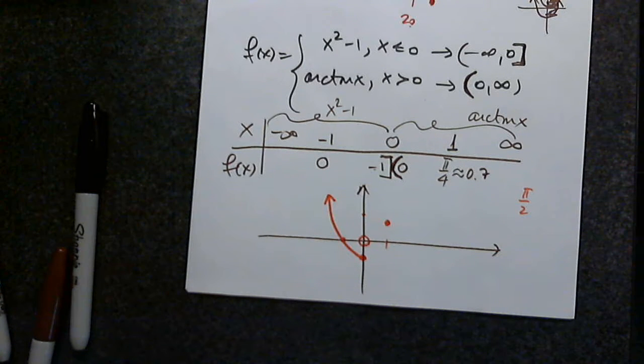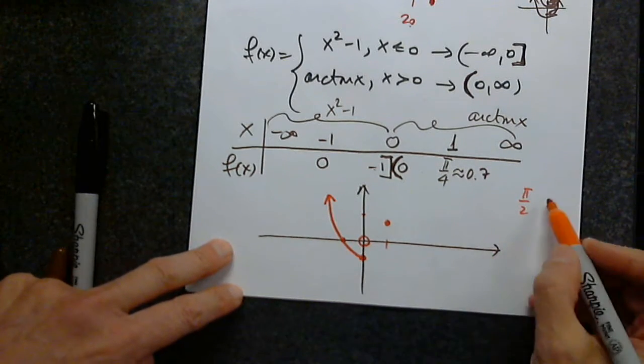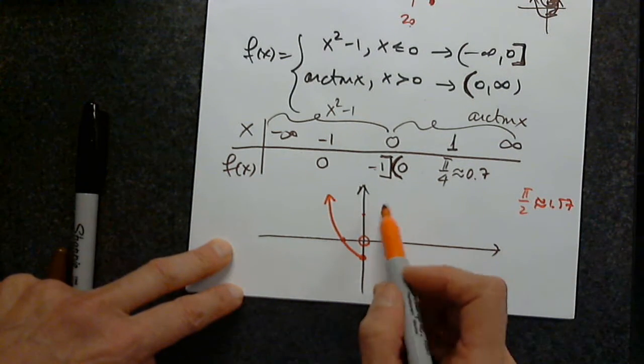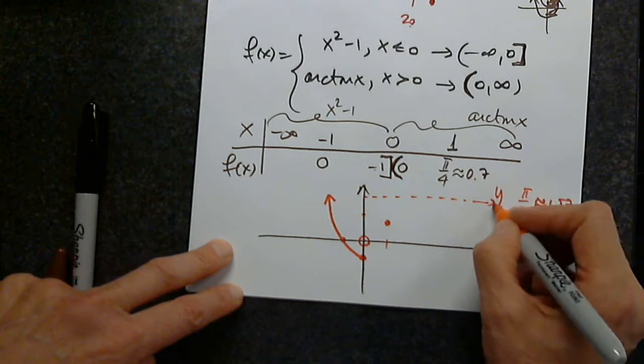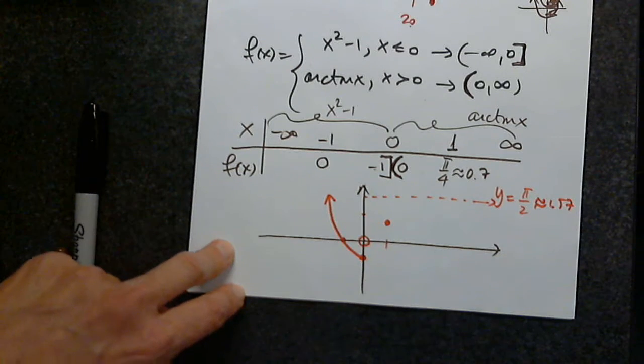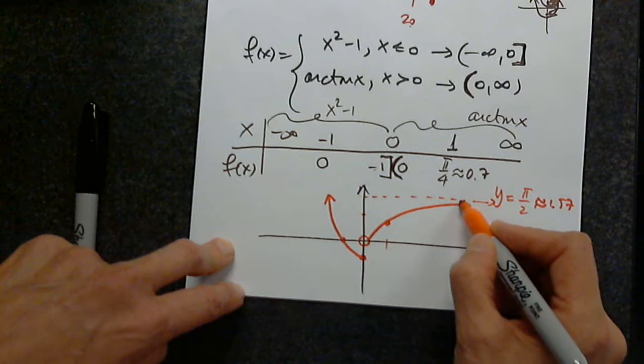So this is 0.35, right? Because I'm dividing by 4. So 3.14 divided by 4 is 0.78, and 3.14 divided by 2 is 1.57. Okay, very good. That was what I was missing. So this is approximately 1.57. So if this is 1.57, it will be here. So this is the y equals pi over 2 horizontal asymptote, and now I'm done.